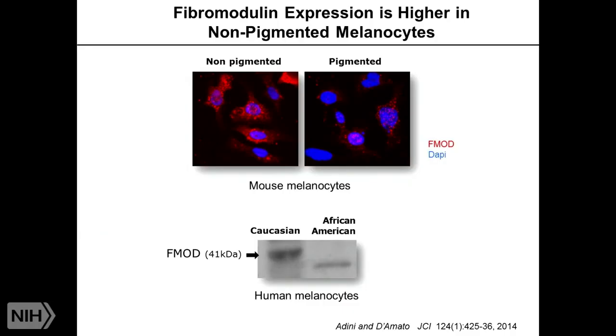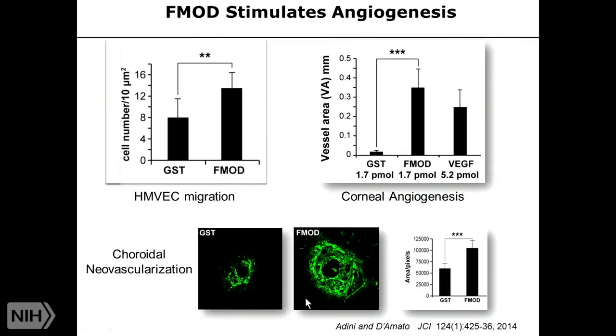So we went back, and after we'd seen this on the microarray, we looked at non-pigmented albino melanocytes, and we see very high amounts of fibromodulin in these mouse melanocytes versus pigmented melanocytes, where we see very low amounts. And we've looked at human melanocytes cultured from skin of Caucasians versus African Americans. We see very high amounts of fibromodulin in the Caucasians versus African Americans.